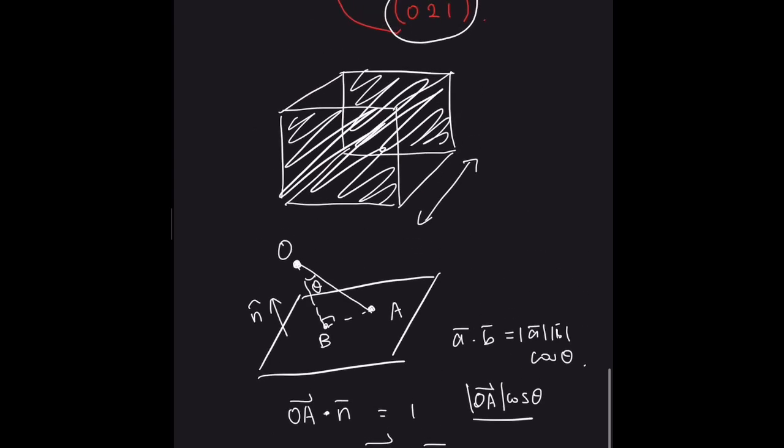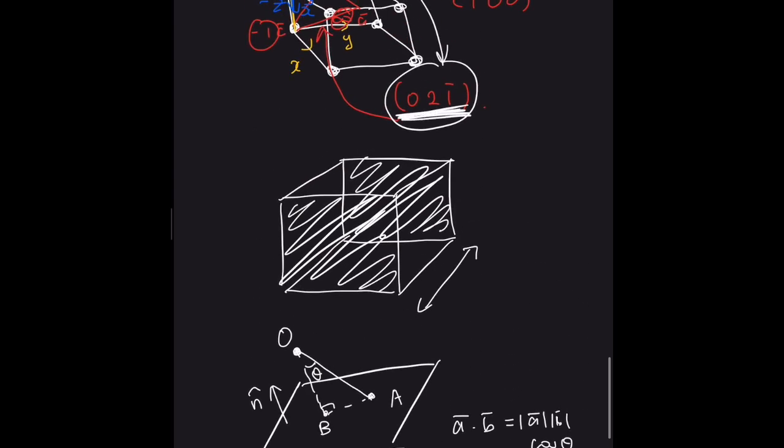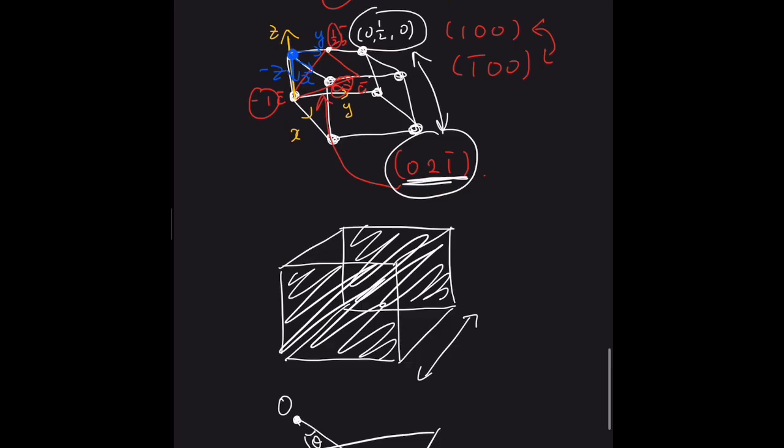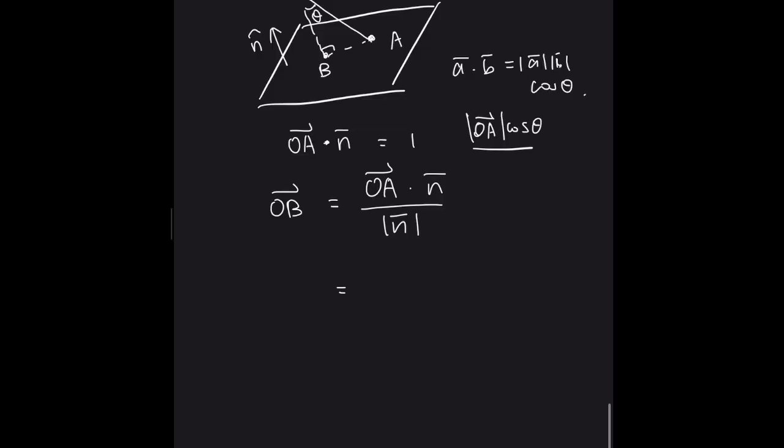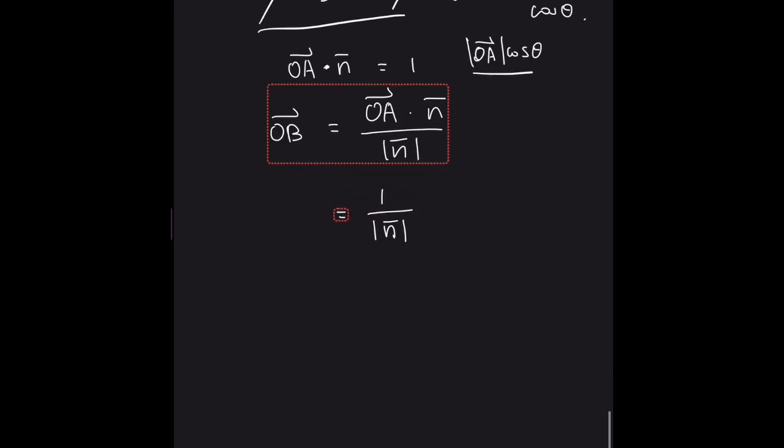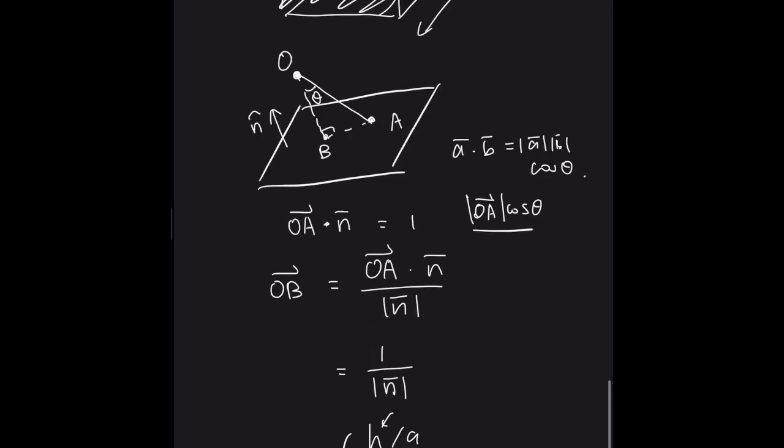So this is not a unit normal, this is just your Miller index, and that's the index of a point from the origin you have defined. So because OA times n is 1, OB would just be 1 over n. And we know n is equal to h over a. So h is your first number in a Miller index.